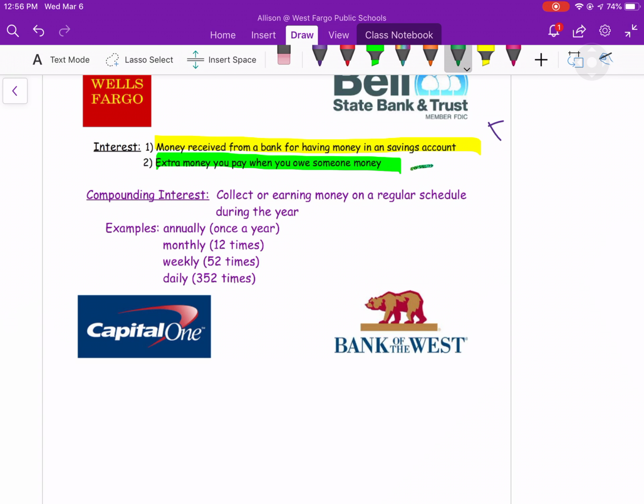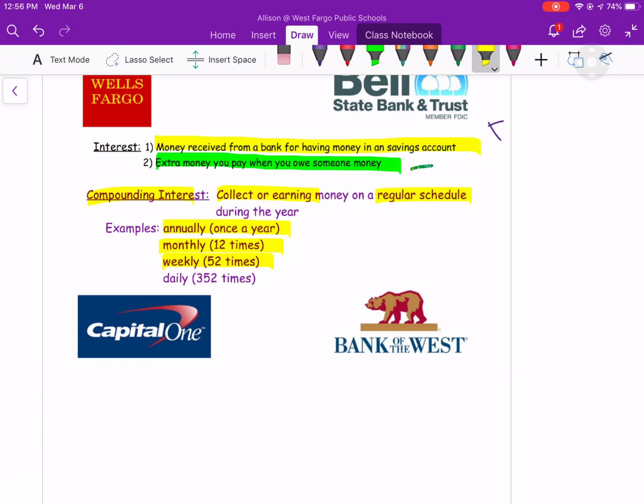When interest is compounding, it can be collected or earned on a regular schedule. So it's basically the collection or earning of the money on a regular schedule during the year. Sometimes interest only accrues once a year, so annually, one time. It could be monthly, so it compounds 12 times throughout the year. Could be weekly.